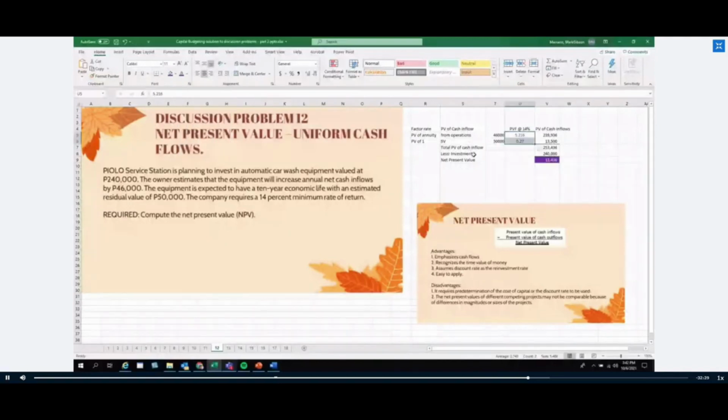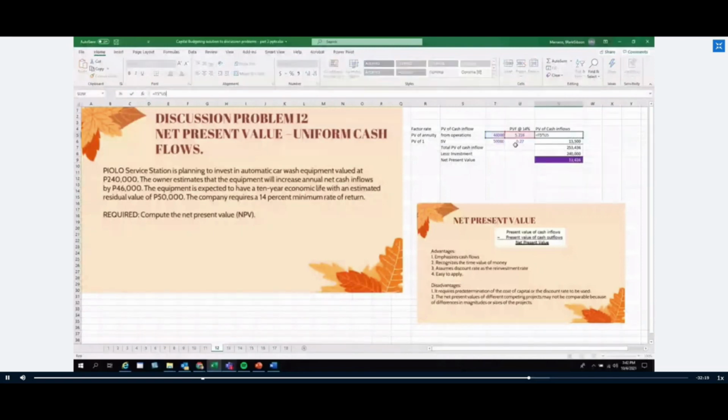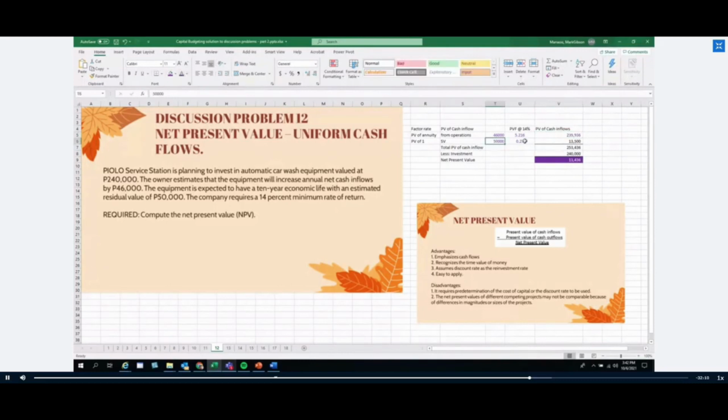So kunin natin ngayon yung present value of cash inflows. 46,000 multiplied by 5.216, so that's 239,936. 50,000 multiplied by 0.27, so that's 13,500.